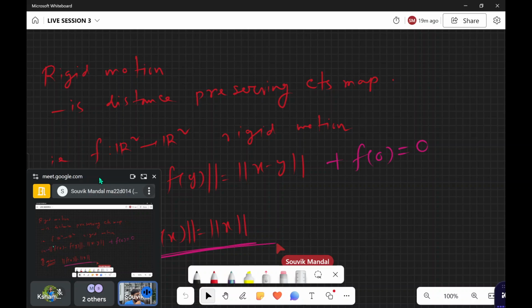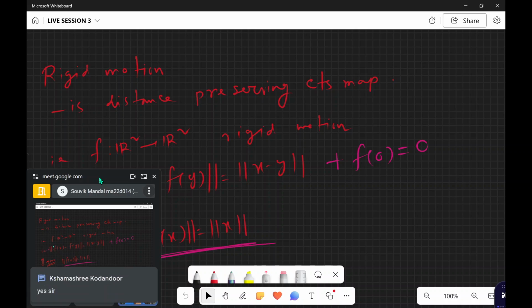So now in that question, there is a counterexample which shows that F of S1 is not equal to S1.